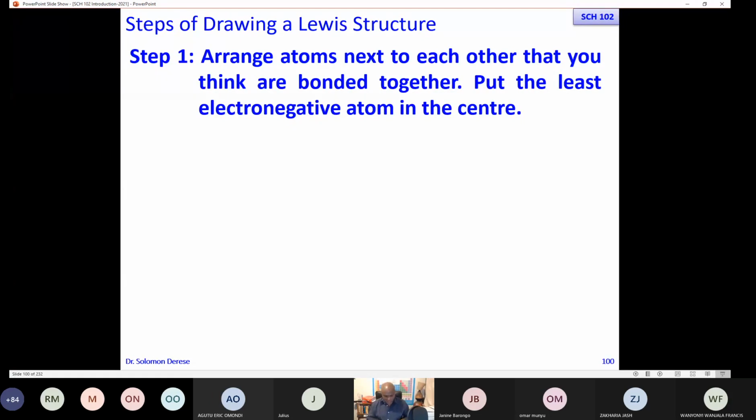Do we have hydrogen and then another hydrogen, one after another in a chain, and finally the carbon attached to the last hydrogen? Or is it where you have the carbon in the middle and surrounded by 4 hydrogens? We must decide on how the atoms are arranged.